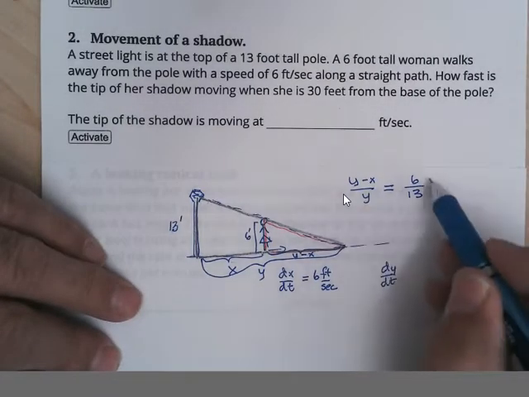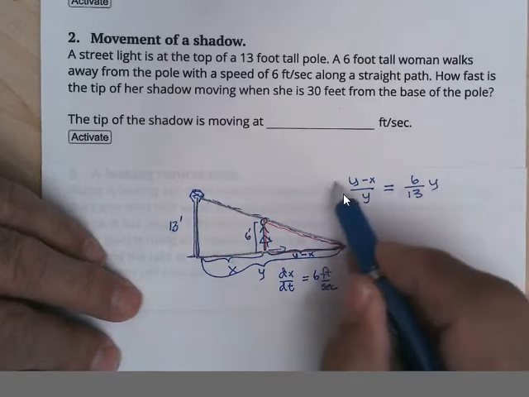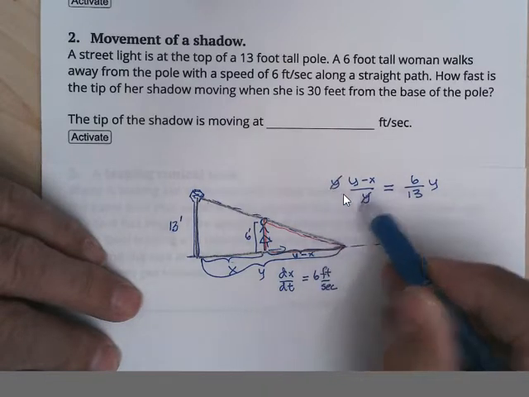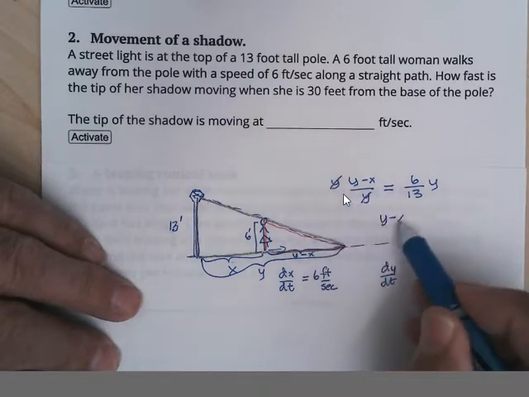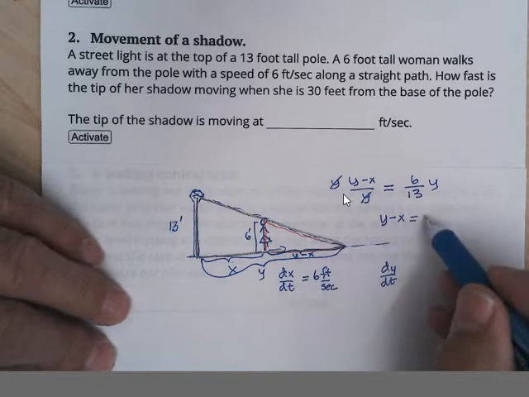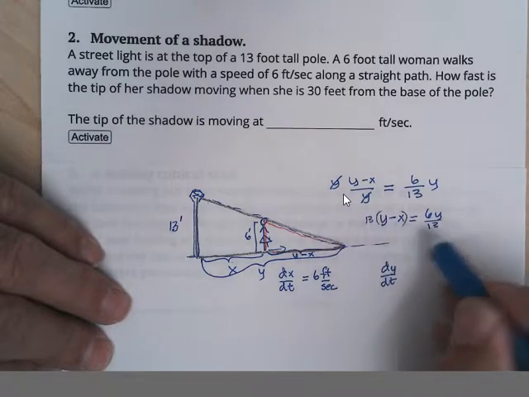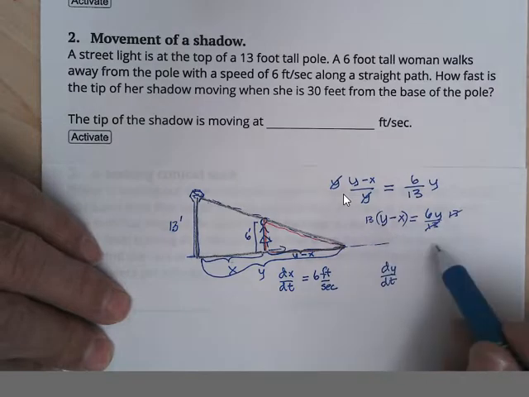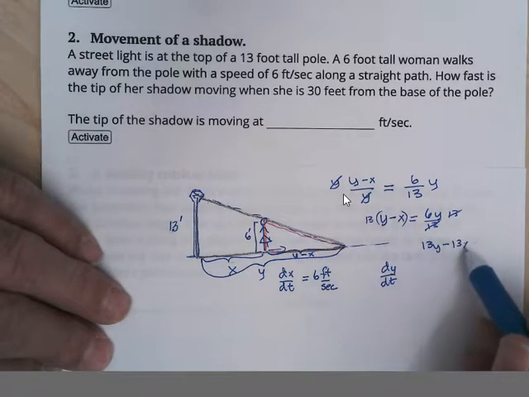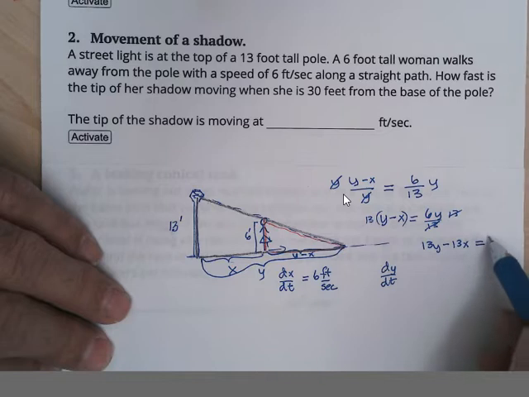Now it looks like I should multiply both sides by y, and I get y minus x equals 6y over 13, and I could multiply both sides by 13 just to make no fractions involved here, and I get 13y minus 13x equals 6y.